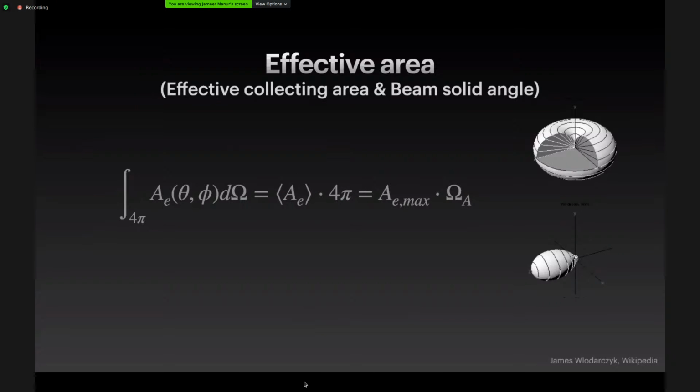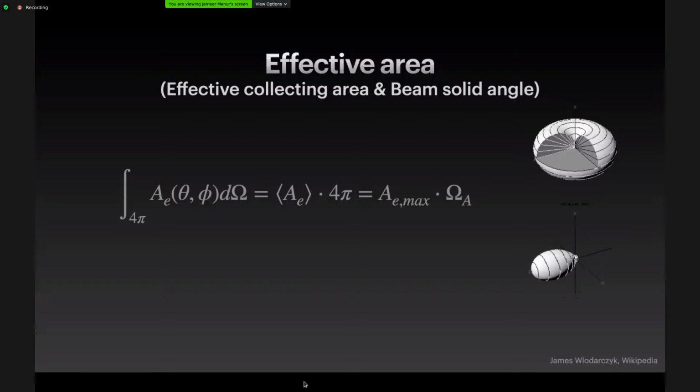Now, these relations on the effective area should be somewhat obvious: if you integrate the effective area over the entire 4 pi steradians, it could be expressed as the average effective area times 4 pi.